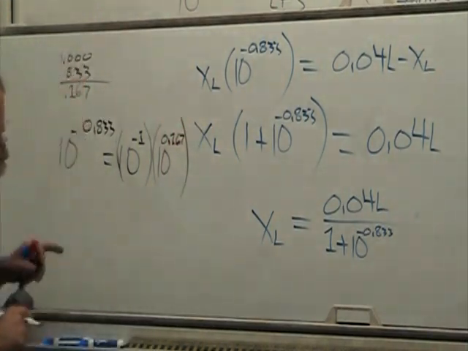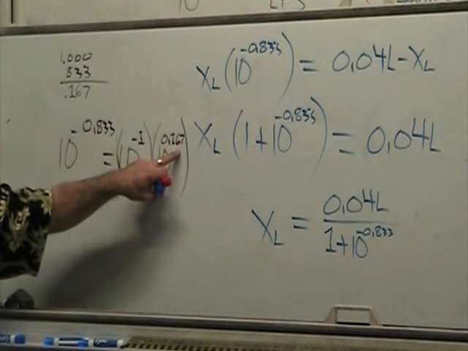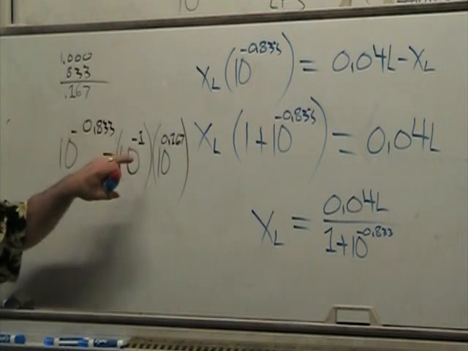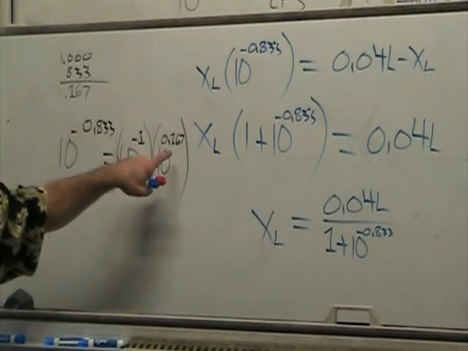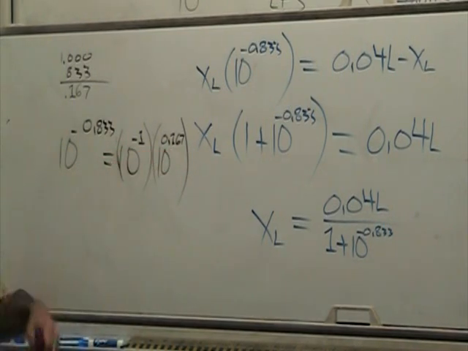You have to have a positive number in the mantissa times some sort of a negative power.